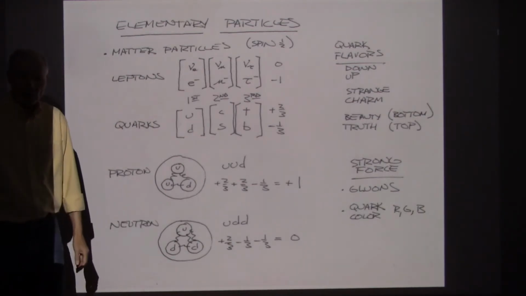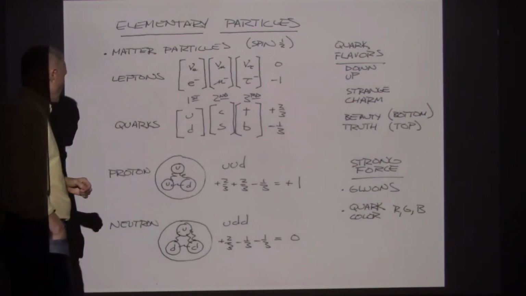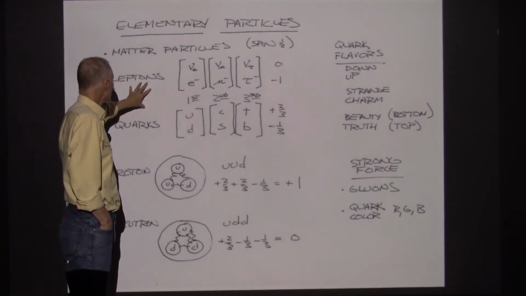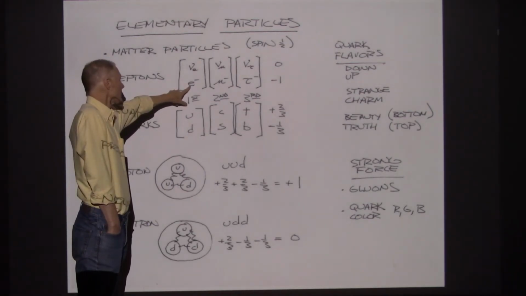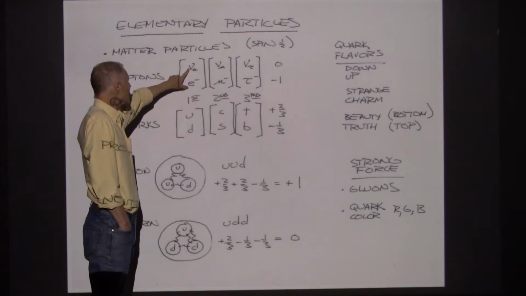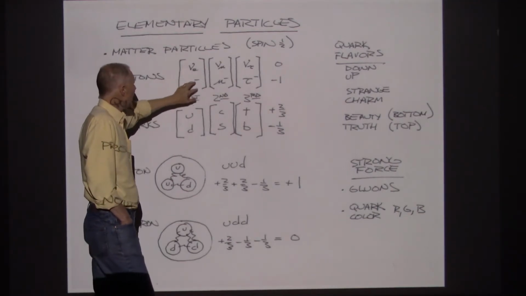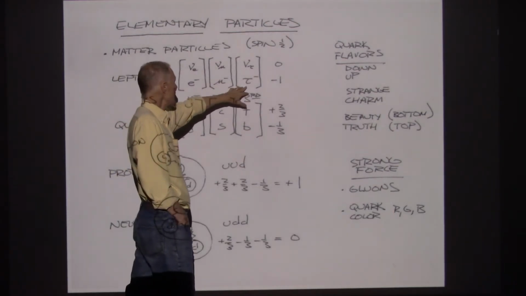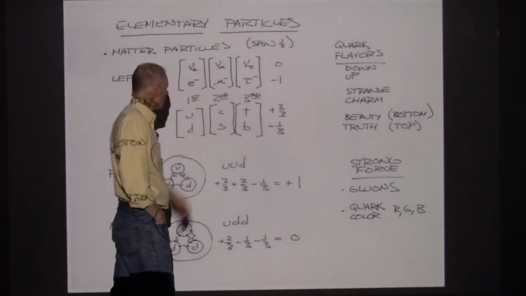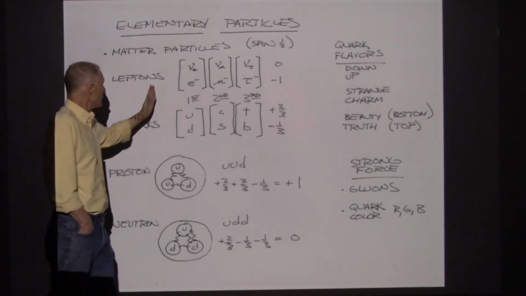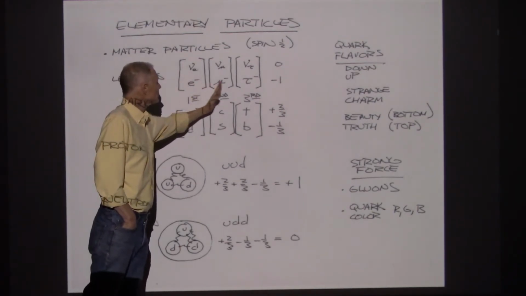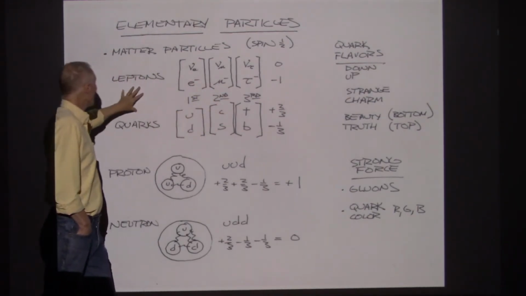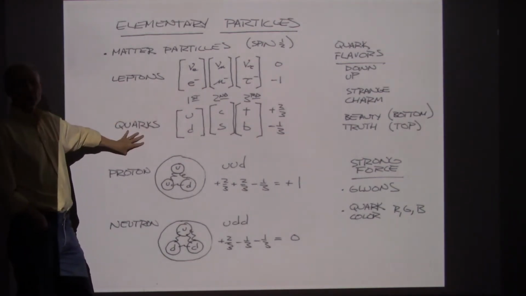Now, initially, the leptons that were observed were, well, the electron. And then later on, the neutrinos. And then there's a heavier version of the electron. And there's an even heavier version of an electron. So we refer to these as different generations of the leptons, and we're going to find out there are different generations of quarks.